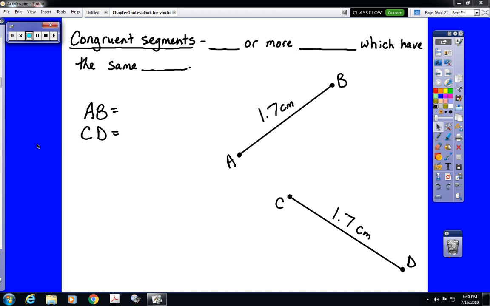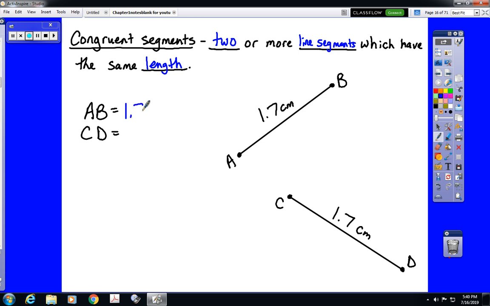So, our vocab word here is this idea of congruent segments, which would be two or more line segments which have the same length. So here in the picture you see two line segments AB and CD, each of which has a length of 1.7 centimeters.